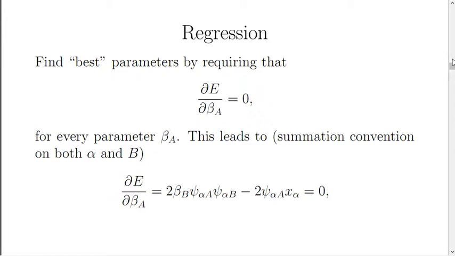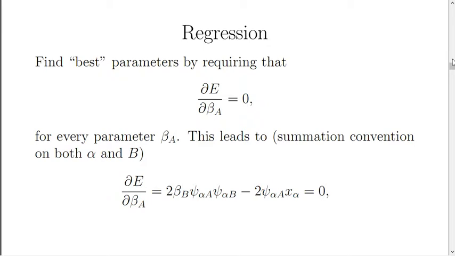We want to find the best parameters. We do that by minimizing the sum of squared residuals, and we do that by requiring that the partial derivative of the sum of squared residuals with respect to each and every parameter has to equal 0.